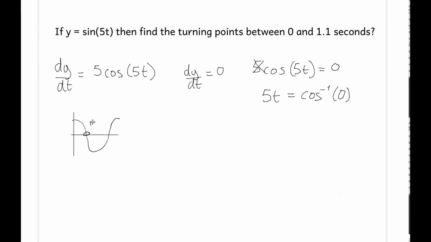Anyway, if I look at this point here, this is where y equals 0. So that's pi divided by 2. And this one here is another pi on, so this is going to be 3 pi divided by 2. So a couple of values where this equals 0 are pi divided by 2, 3 pi divided by 2, and so on, adding pi every time.